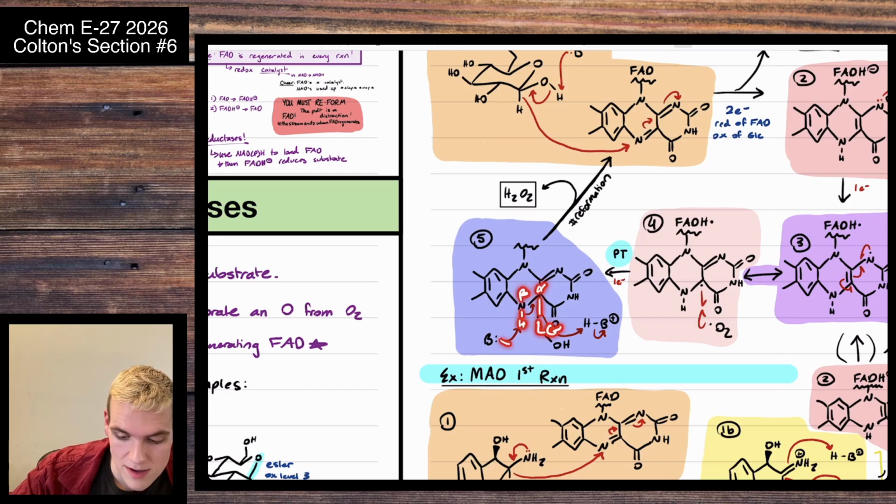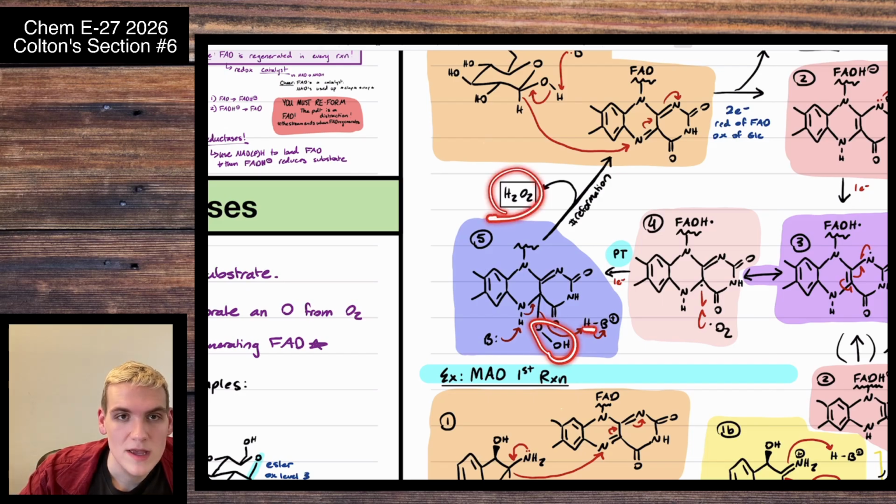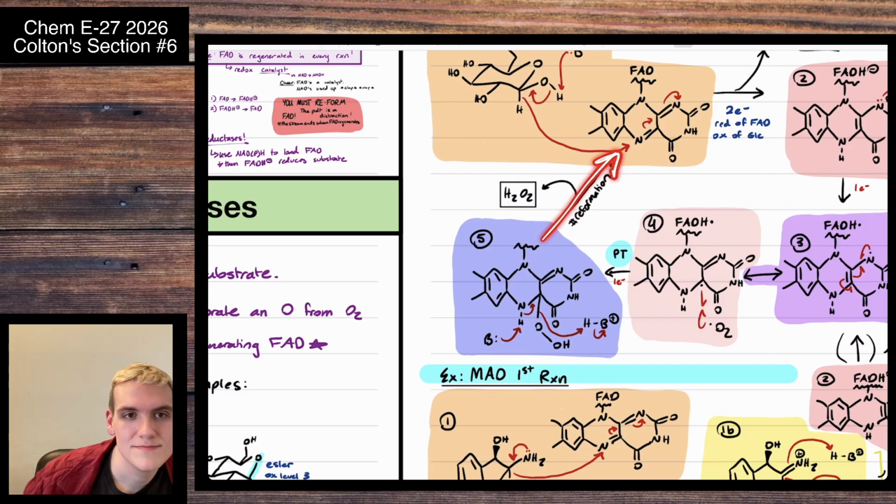We have a base come along and deprotonate the beta hydrogen, push in, make a double bond, and then it kicks off our leaving group, which is going to grab an H as it's going out the door. And when that happens, the thing that's being kicked off is OOH, that's grabbing another H. And so that's our H2O2. So when we do that, we get back to FAD.